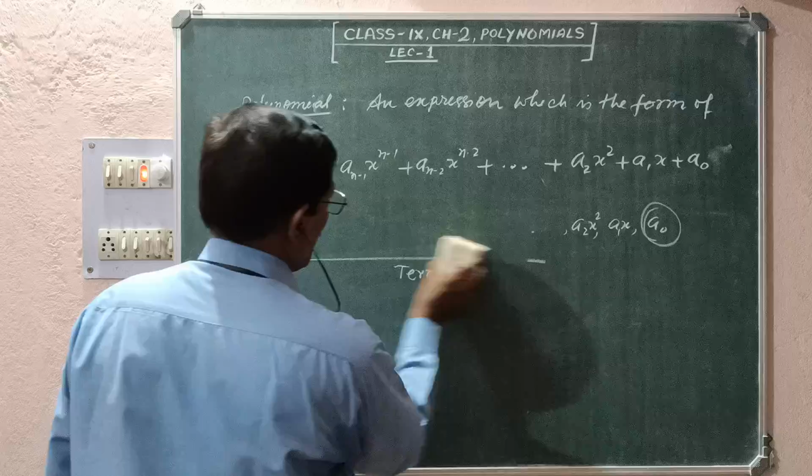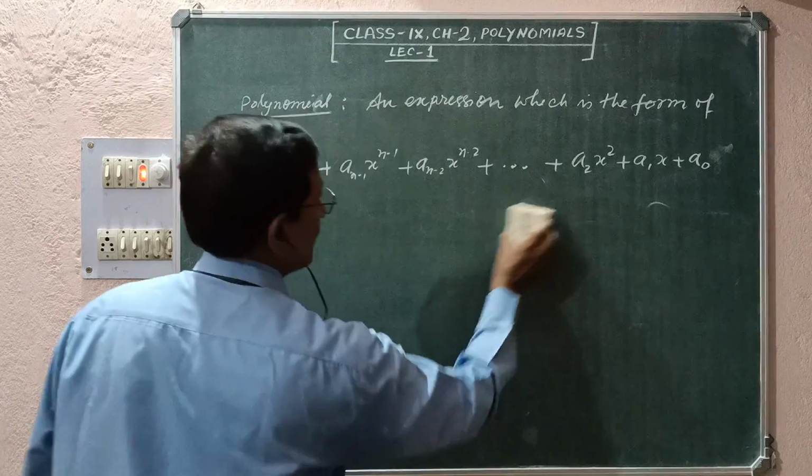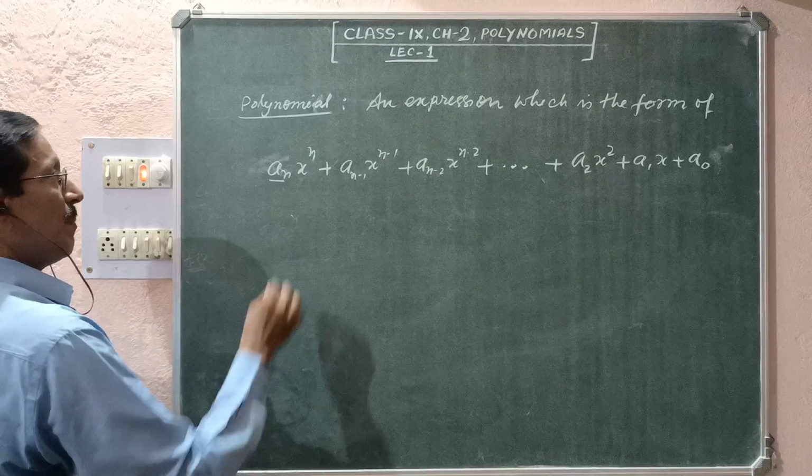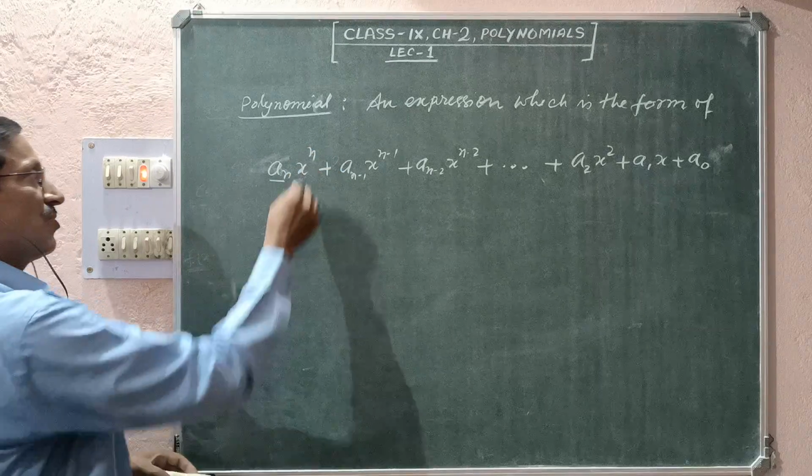Now we take some examples. One more thing: this n is the maximum power of the variable.